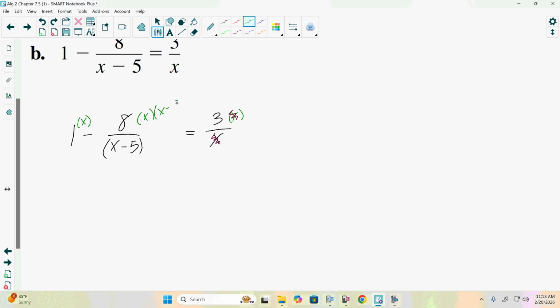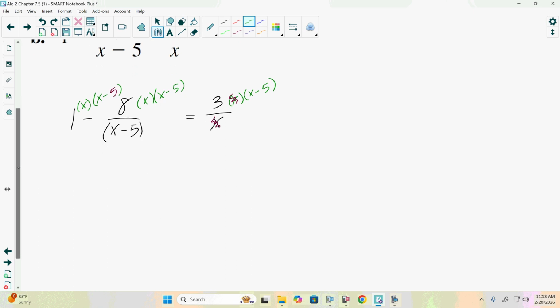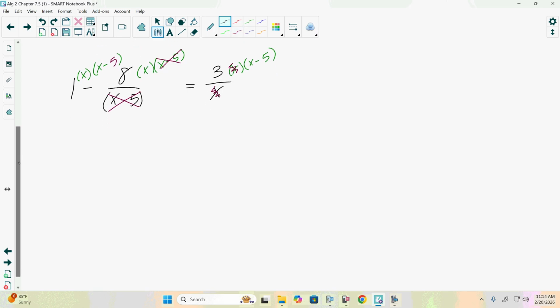Well, x minus 5. Because we need that x minus 5 for the middle term for those two to cancel. And again, we haven't needed it for this one or most of all the ones here. If the denominators can factor, we need to factor. Questions on this here before we move on?